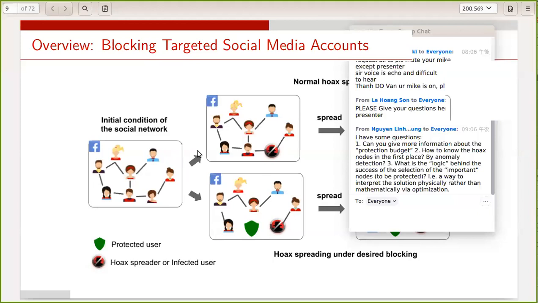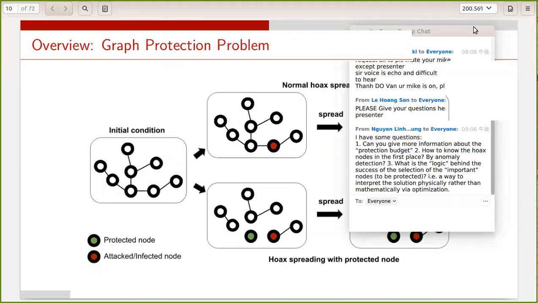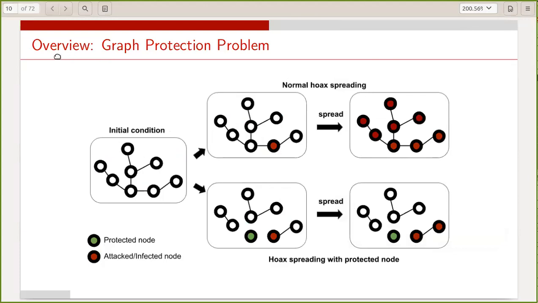In this one, we use the survival ratio. The survival ratio is the number of nodes, or users, that are still active and not infected. For example, this one is the initial condition. During the hoax spreading, the survival ratio here is 0 because there are no nodes that are still healthy.